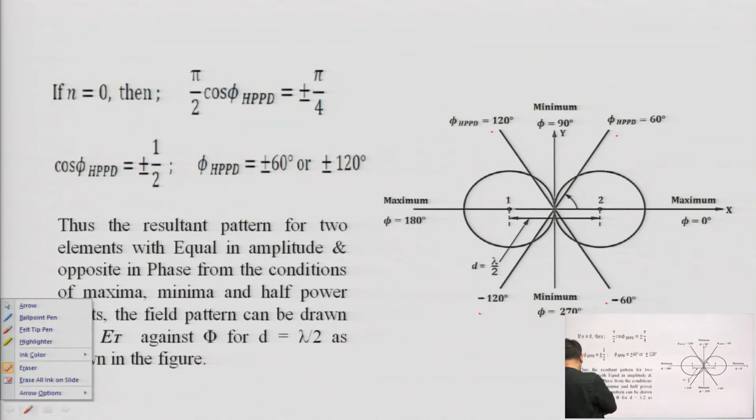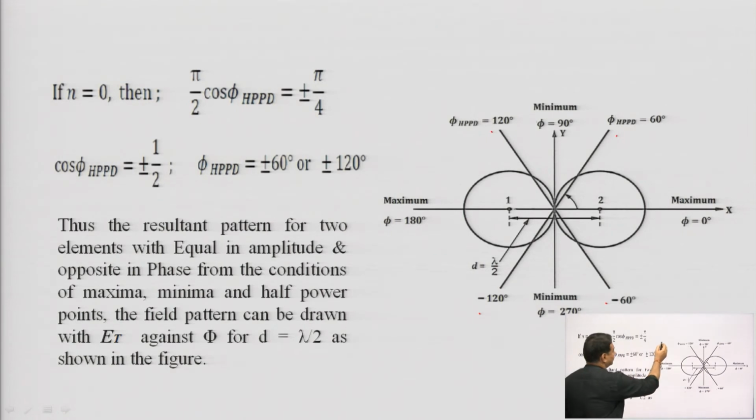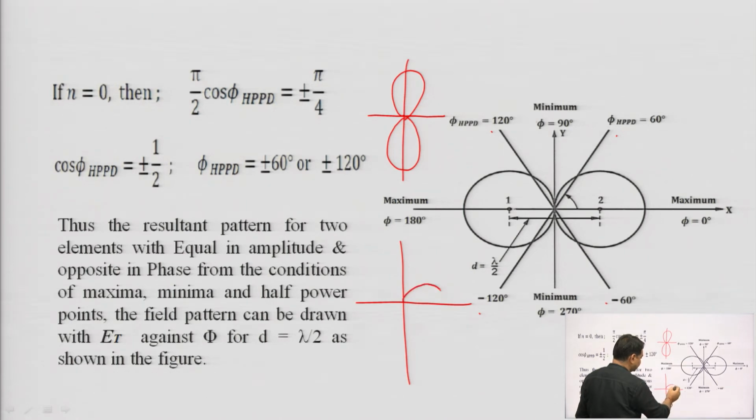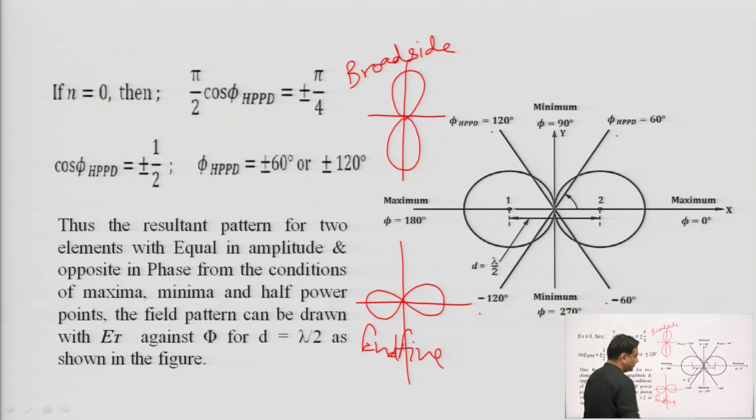We can show the broadside array like this and the end fire array like this. This is the broadside and this is end fire, and the conditions for these two have already been specified and analyzed in this manner.